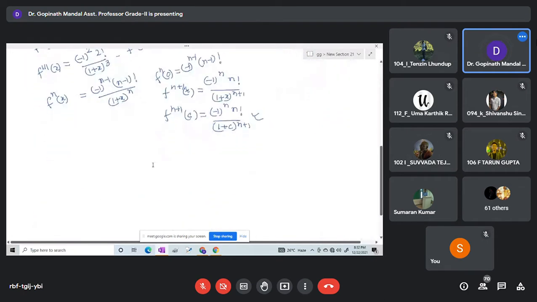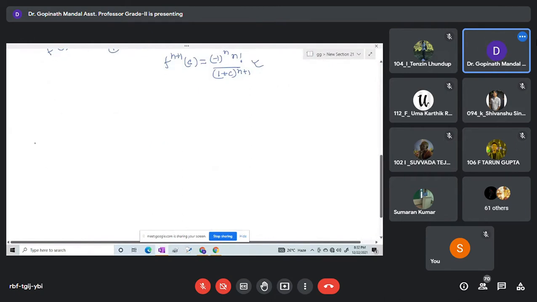Okay, so we have the remainder R(n plus 1) of x, that is minus 1 to the power n, factorial n, x to the power n plus 1 by (n plus 1) factorial, times 1 by (1 plus c) to the power n plus 1, where c belongs to 0 to x.